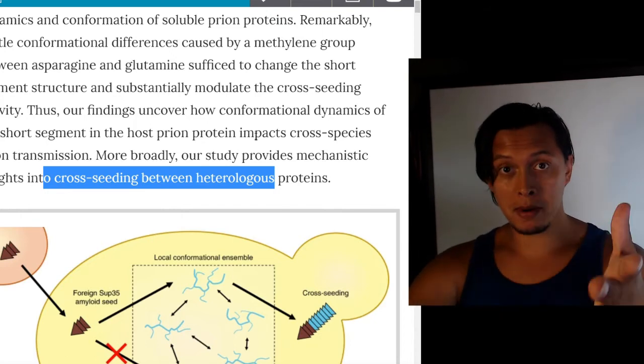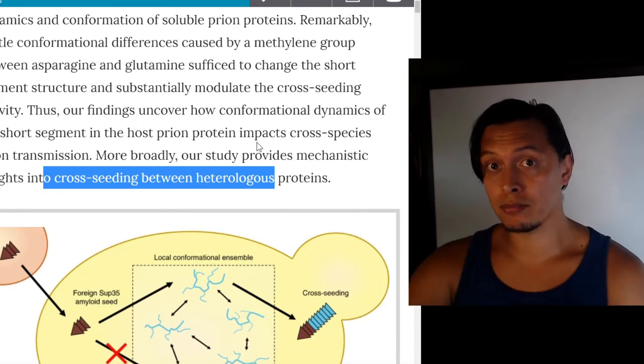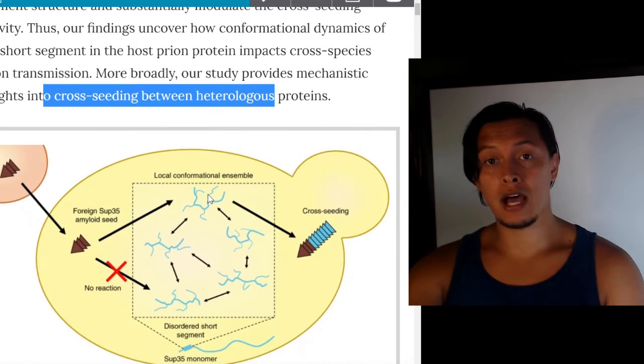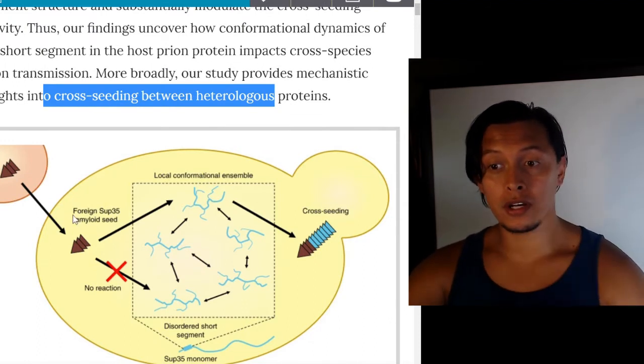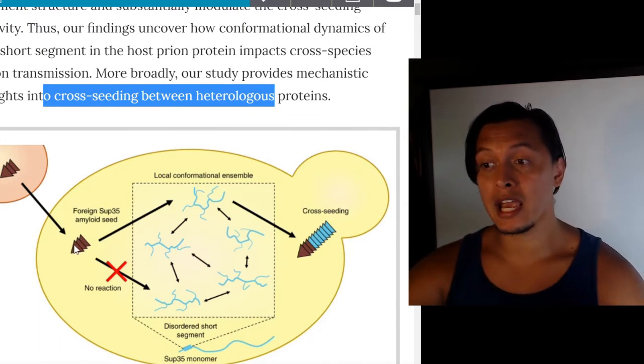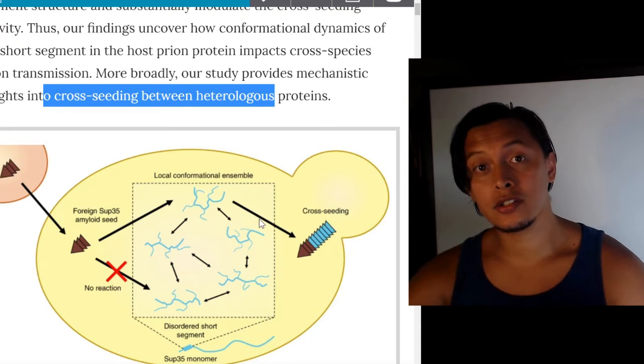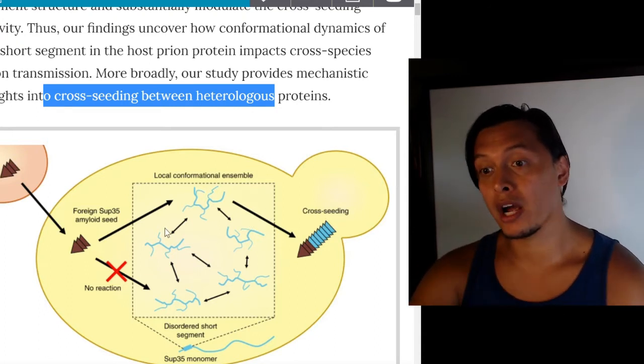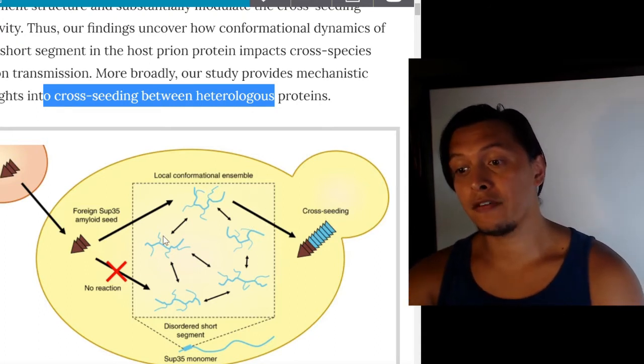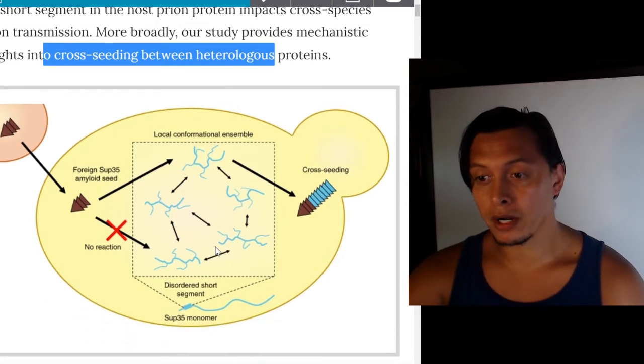So here, remember, they are talking about two different yeast proteins, and somehow one of these foreign SUP35 proteins was able to cause the precipitation or the prion formation of this different soluble protein, right?